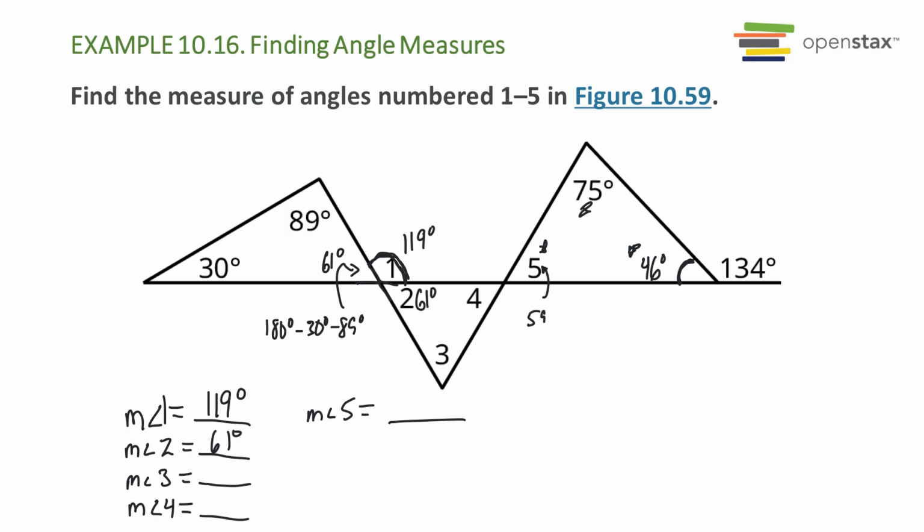That's going to be 59 degrees. And because 5 and 4 are vertical, 4 is also 59 degrees. And now we can finally figure out number 3, because that's in a little triangle, so that's going to be 180 minus 61, which is angle 2, and then minus 59, which is angle 4, and that's going to be 60 degrees. Knowing all that information allows us to find all the angles in there.